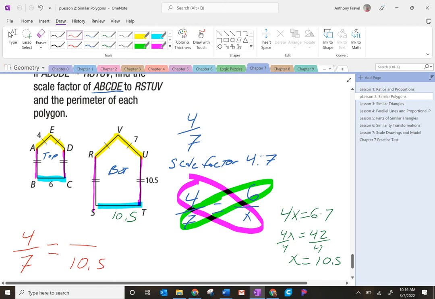Do we know what the top was? Well, don't we already have it solved if the bottom one on that one is 10.5? Aren't those three equal? The other one's 6. So ST and UT and RS are the same.